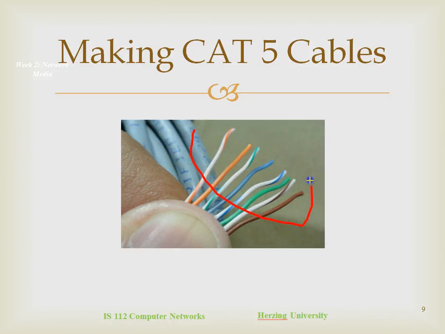So if you keep them in this order, you're good to go. I always recommend trying to do this in a clearly lit area. Sometimes you're working on wiring and it may be outside. If it's really bright sunshine, you might need sunglasses to really tell what colored wires you're dealing with.